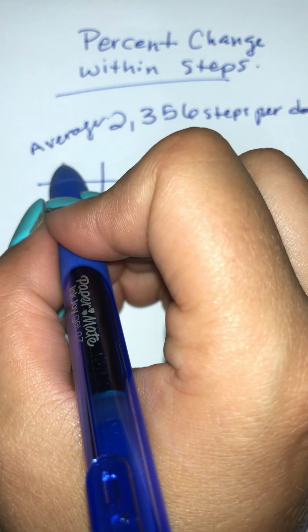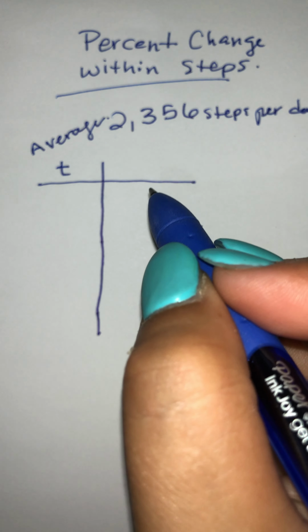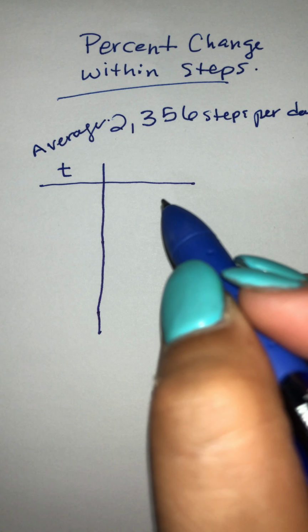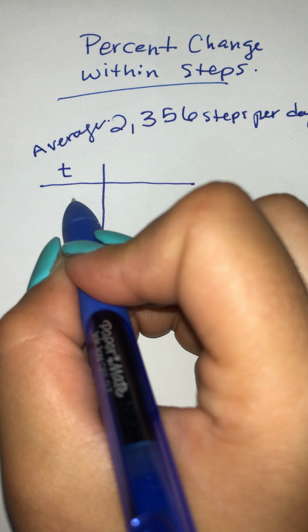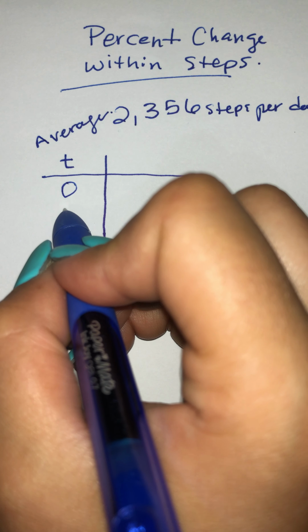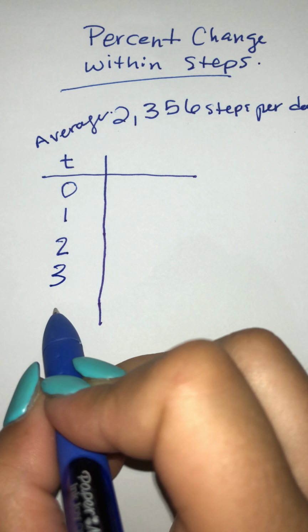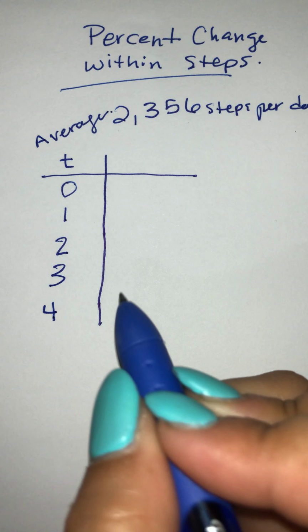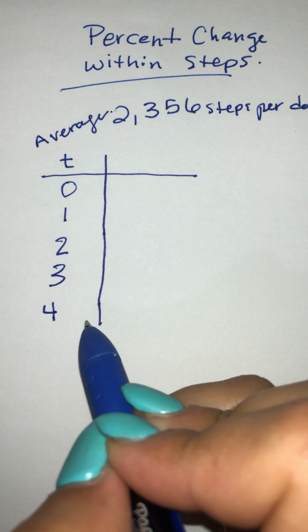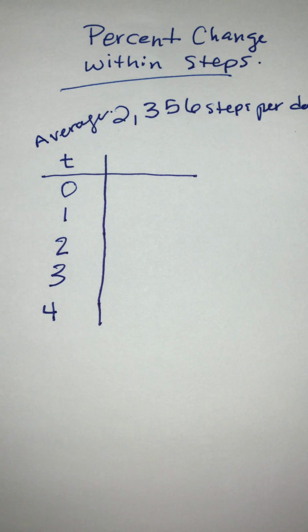So I have t over here. t is my time, or what week I'm going to be focusing on. So we have 0, because that's our baseline data. That's week 0. And then I have weeks 1, 2, 3, and 4, because the question asks how many steps should she be averaging by week 4.